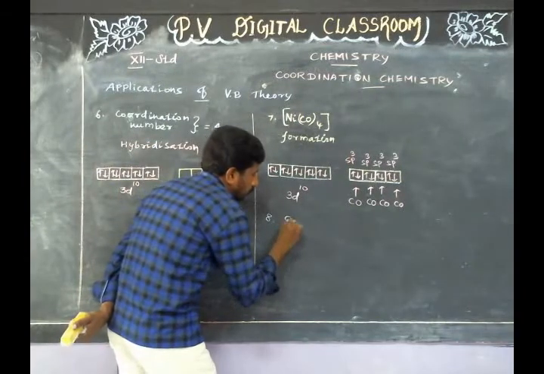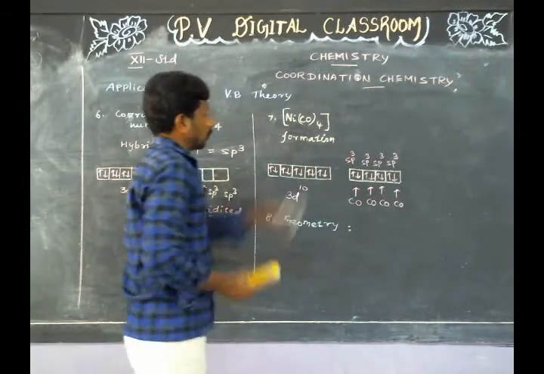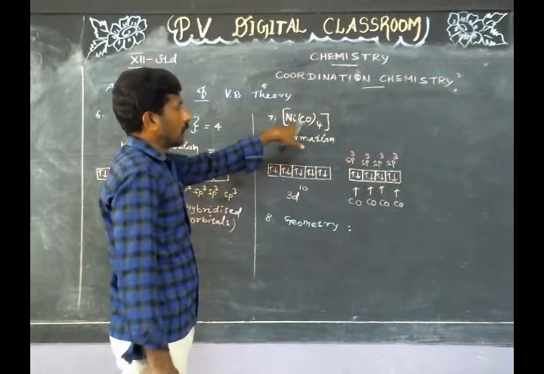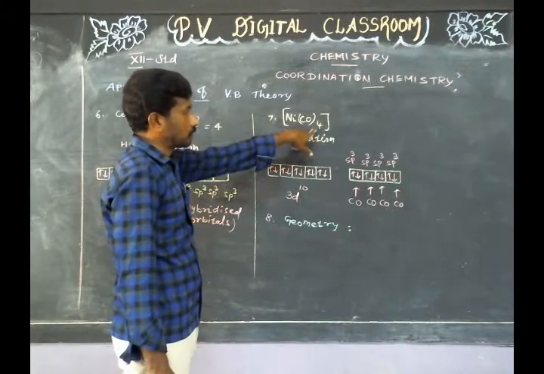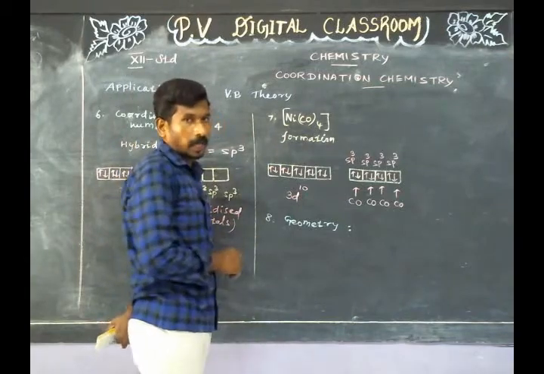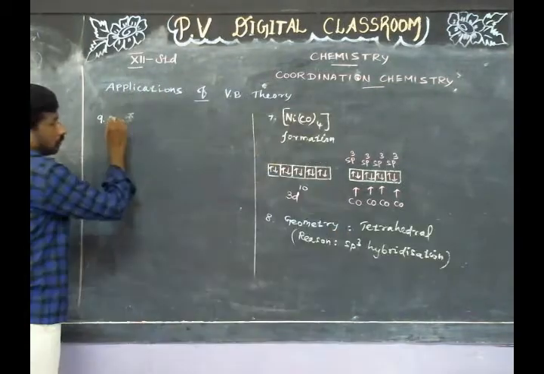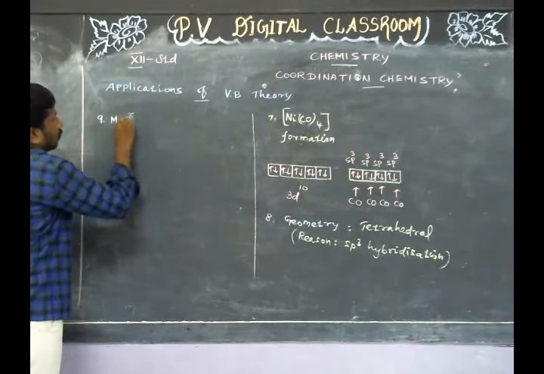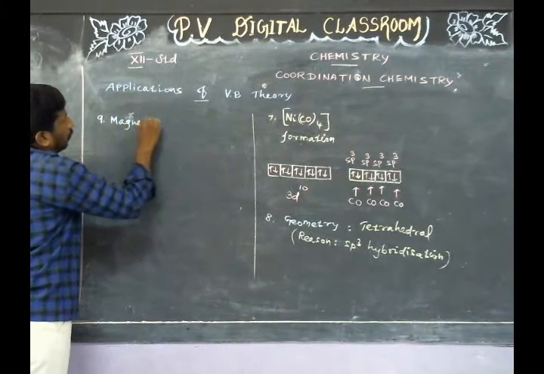Then, geometry of the complex. The geometry of the Ni(CO)4 complex is tetrahedral, since the hybridization is sp3. Then, magnetic property of the complex.